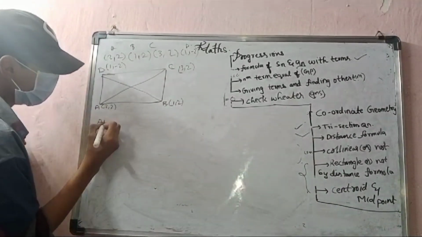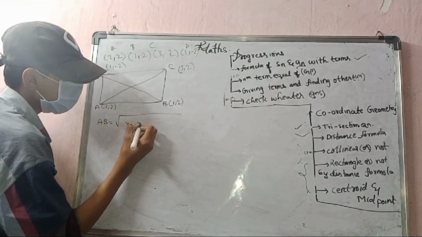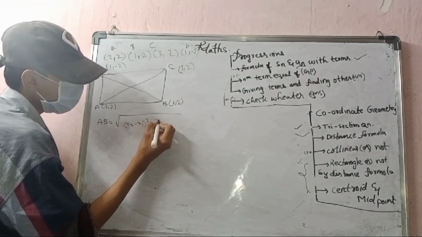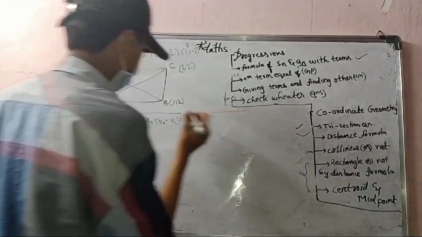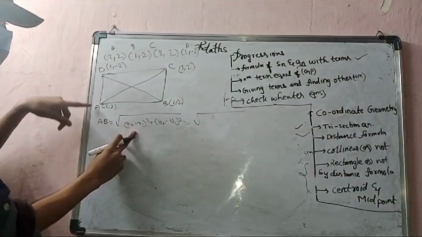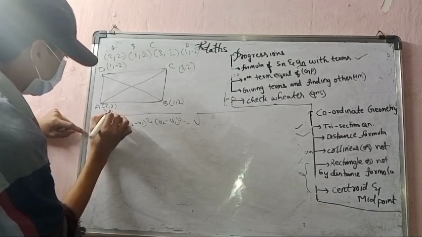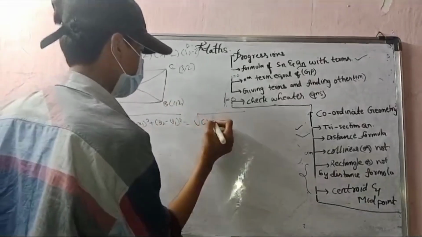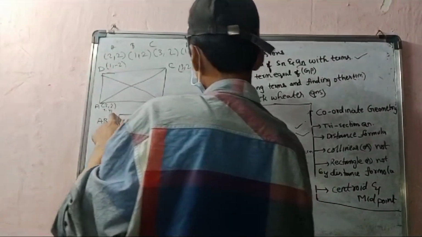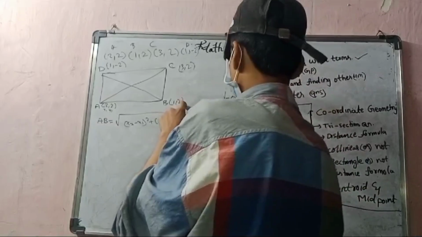So first you find AB. AB distance is nothing but under root (x2 minus x1) whole square plus (y2 minus y1) whole square. x2 is nothing but 1. 1 minus 2 whole square plus y2 minus y1 whole square.